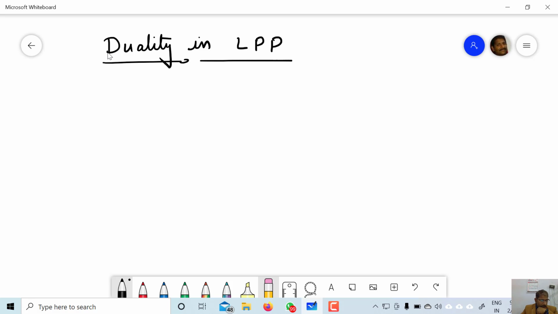An LPP can be written in the form: maximize a function f(x) = C transpose x. C is a matrix and you write it in the transpose form because the answer will come in the form of a transpose.